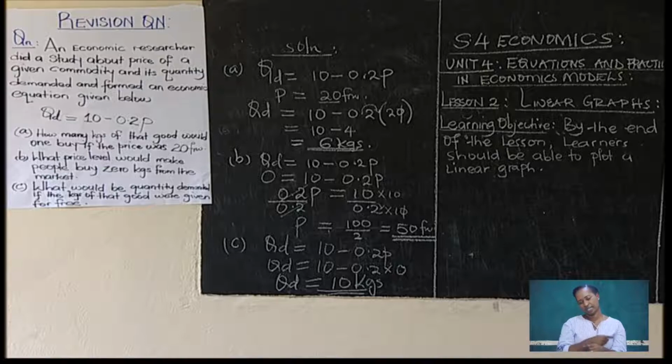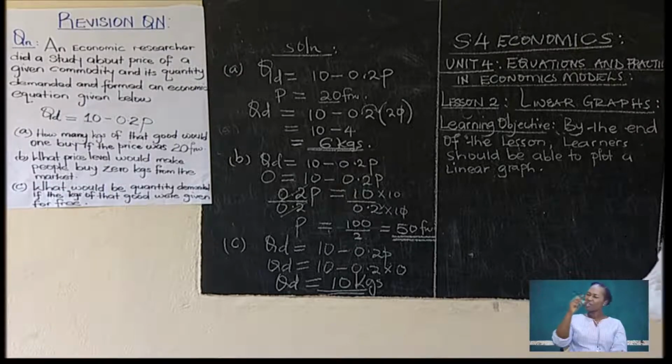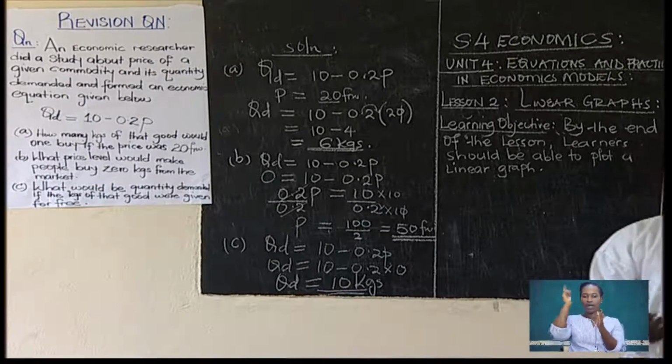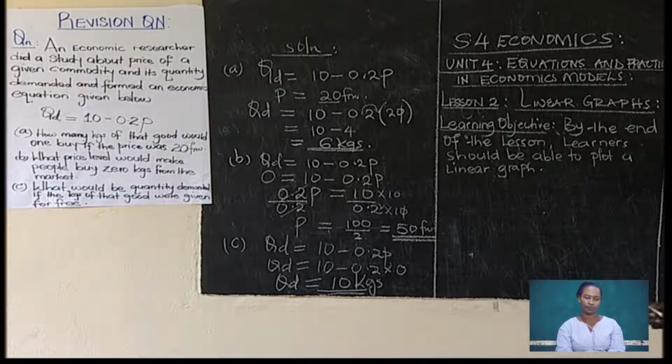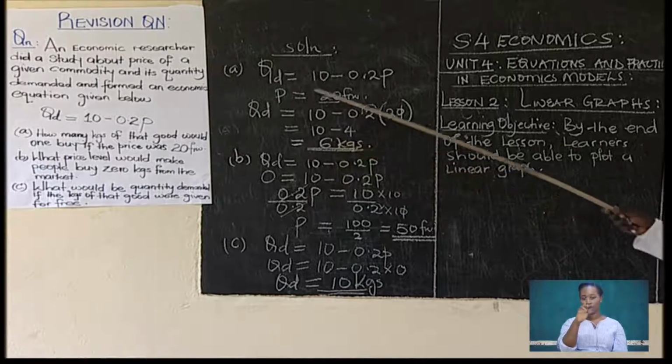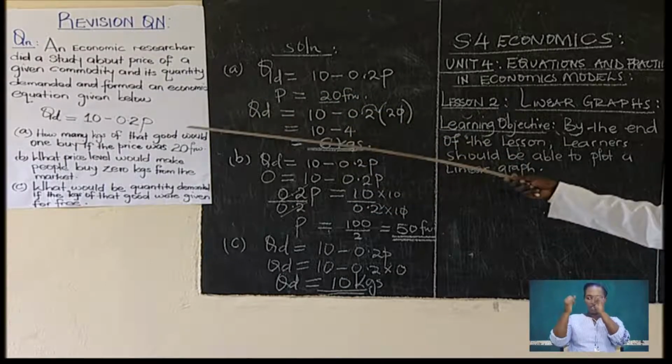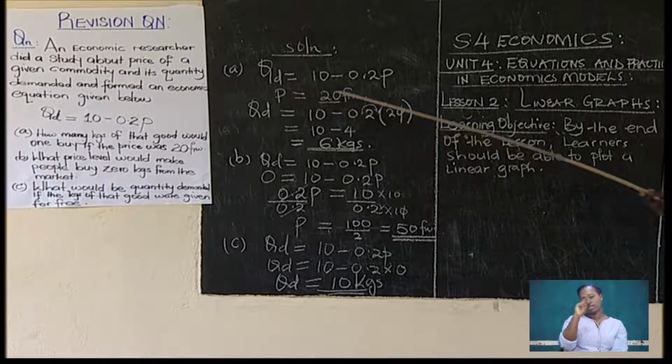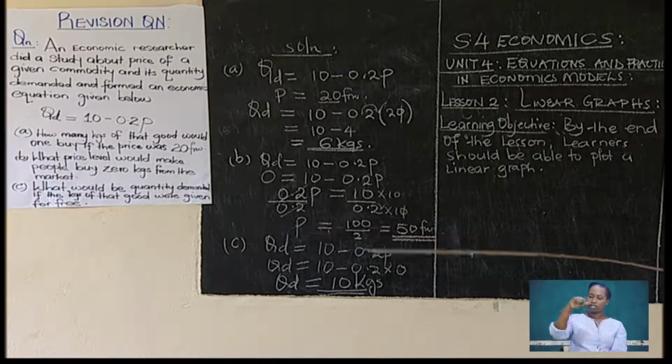Then let's go to our today's lesson, which is linear graphs. I expect you to be able to plot these graphs at the end of this lesson. So what is a graph? What is a linear graph? In this case, a linear graph is just a graphical representation of a linear equation. Like this linear equation that we have in the previous work we have finished, we can present it on a graph.